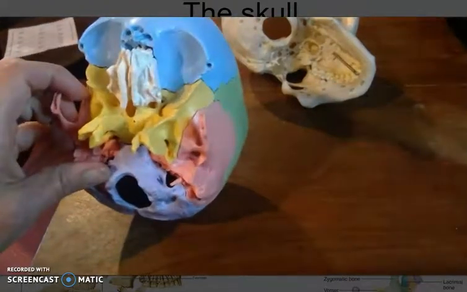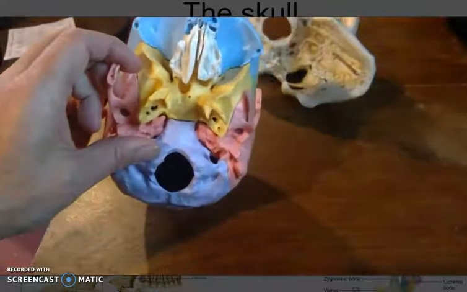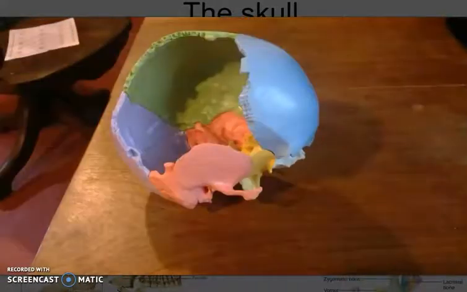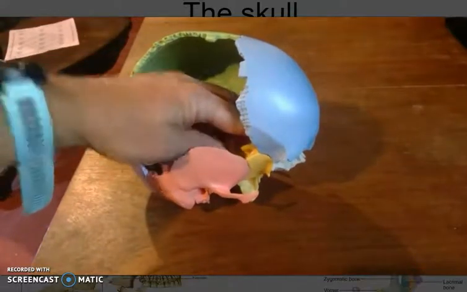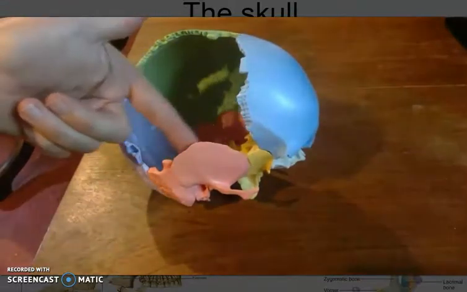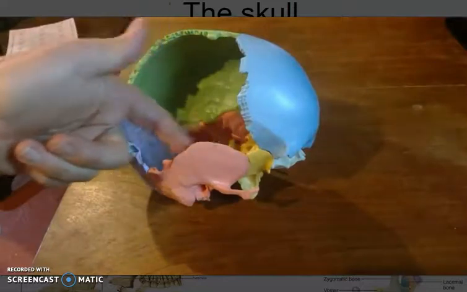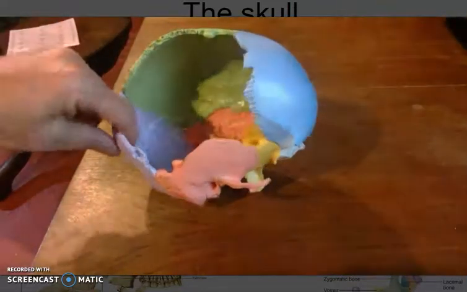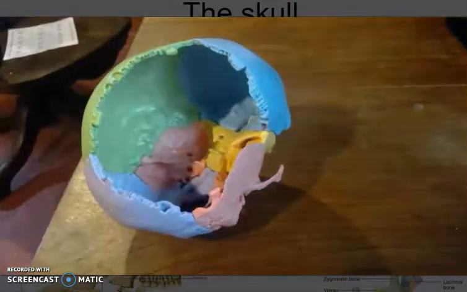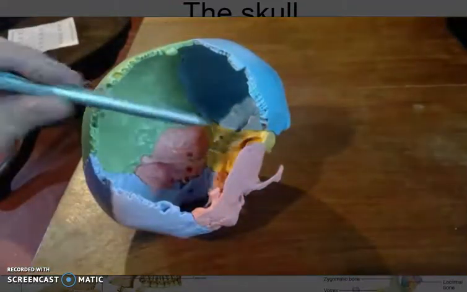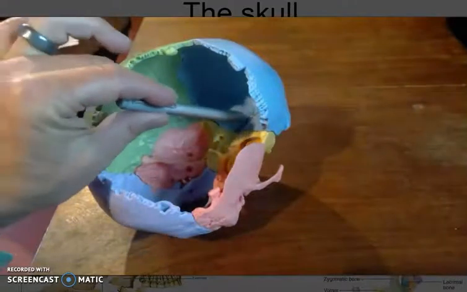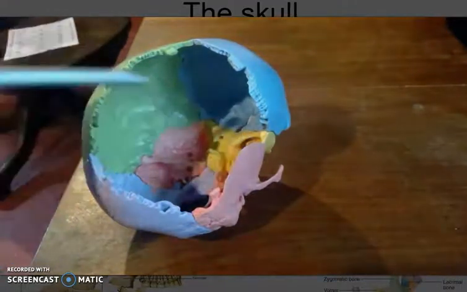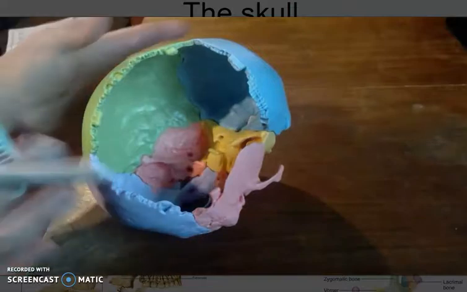So why are these called cranial bones? Well, they surround your cranium. Took one of the green bones off. What region was that? That's right, it's the parietal region. Your brain would be right in here. So part of the brain would be bound by the temporal bone, part of it by the occipital bone. And if I twist it in here, I can see the yellow sphenoid bone, and then this little tiny shaft right there. That little itty-bitty part.